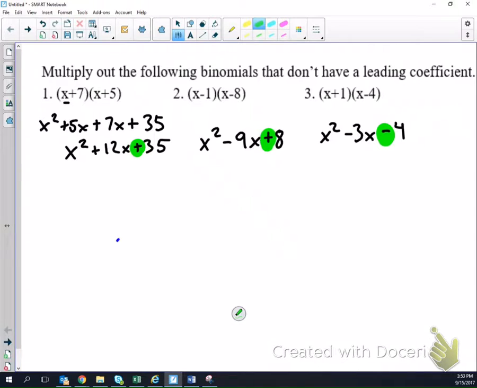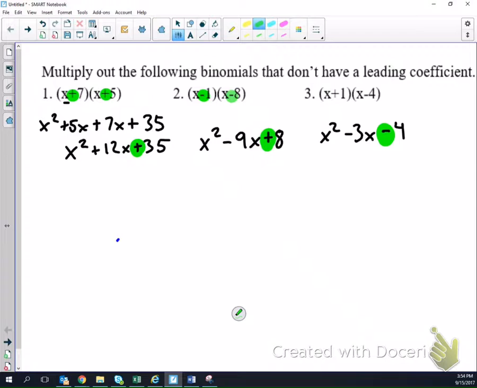That is coming from both of the signs being the same. In the first one, both were pluses. If I multiply two positives, I get a positive. The next one, they're both negatives. If I multiply two negatives, I will get a positive. So if that sign right there is a plus, then we know that both of the operations in the first one are going to have to be the same.